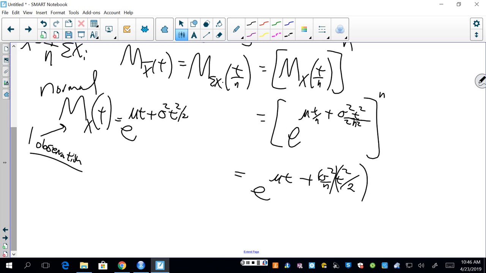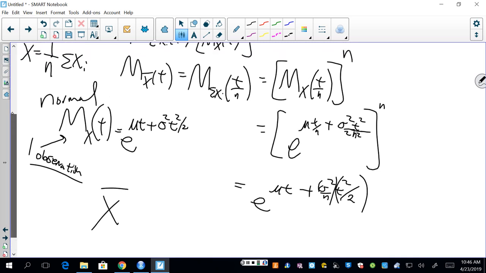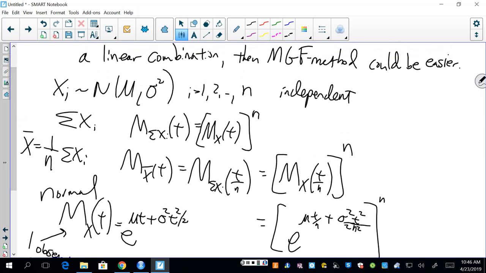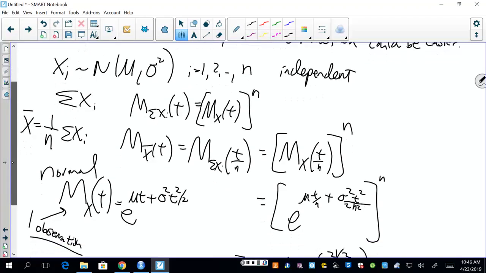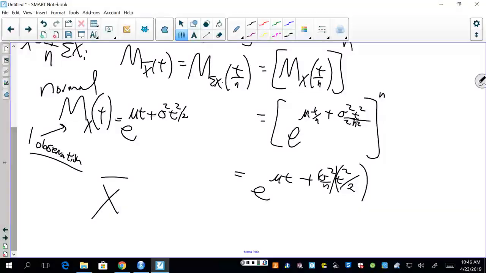So the conclusion is that our sample average, x bar, when we had a random sample from these normals, has a distribution that again is normal. Its mean is the same. No change in the average.